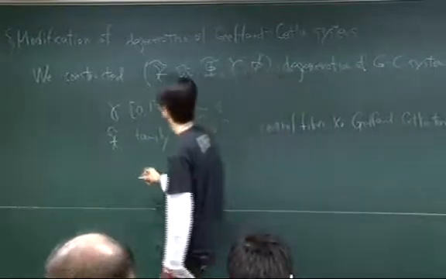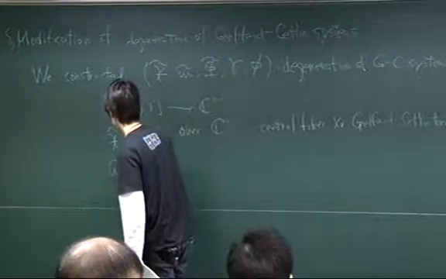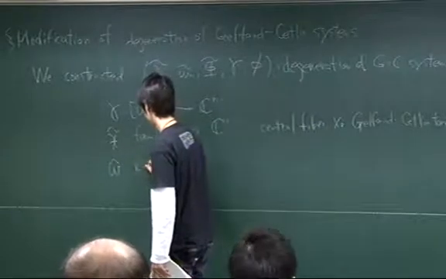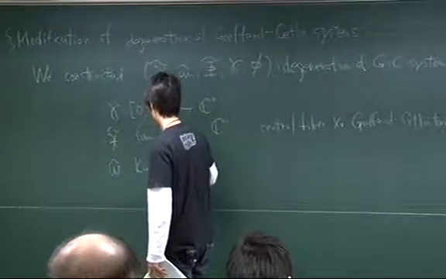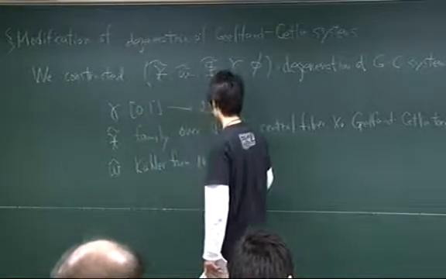And omega tilde can be considered as a Kähler form on the total space.